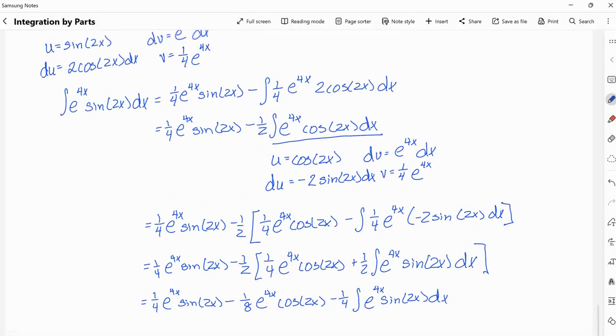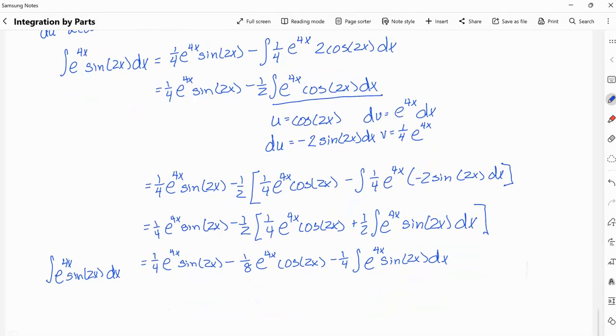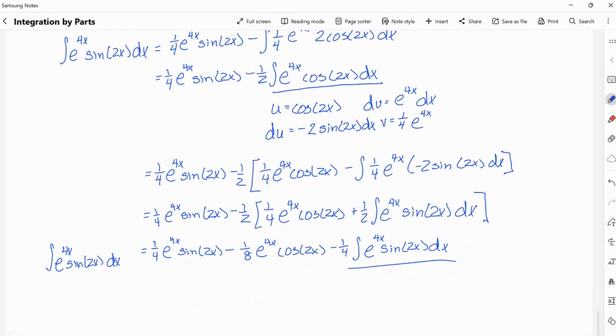We started up here saying that integral is equal to this. That was the first iteration of by parts, and then we had to do by parts again. So this left-hand side is still saying the integral of e to the 4x sine of 2x dx has to be equal to the stuff. Do you see how we have two of those?